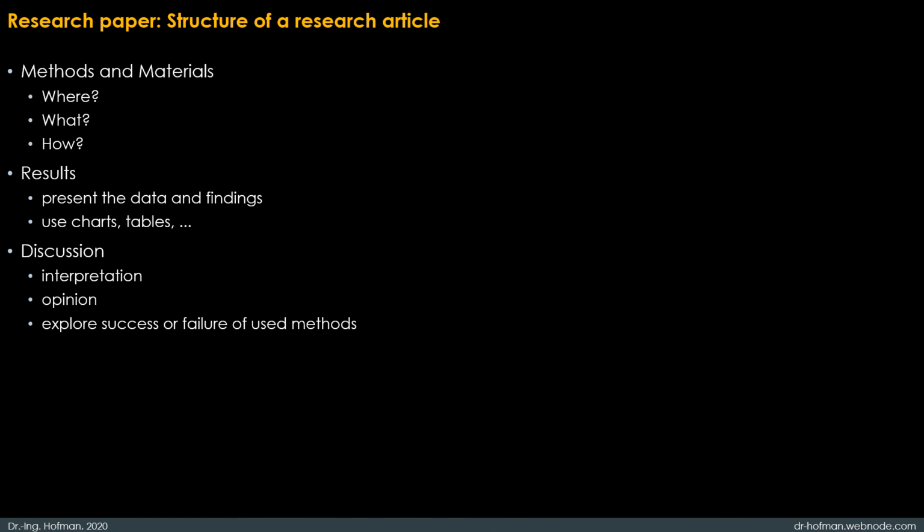Methods and materials. Answers the following questions: where, location of the work if relevant; what equipment and other materials were used in the research, they need to be thoroughly specified; and how, the procedures and methods used in the research. Every detail should be included. Results.